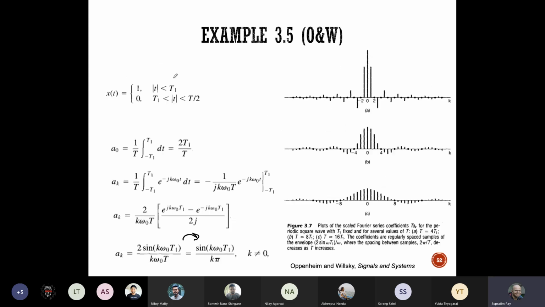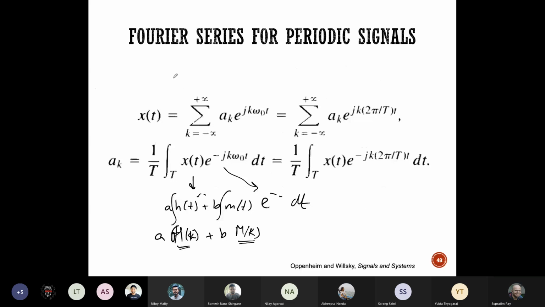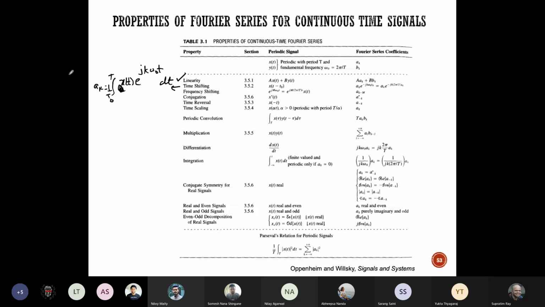What I have done is written this formula. Sorry, I forgot the minus here. And I say, okay, I'm going to find now, so my y(t) is just x of t minus t0. So what is b_k going to be, which is the Fourier coefficients of y(t).